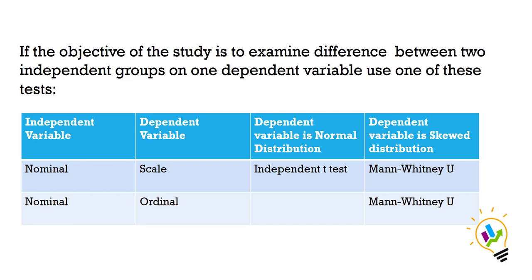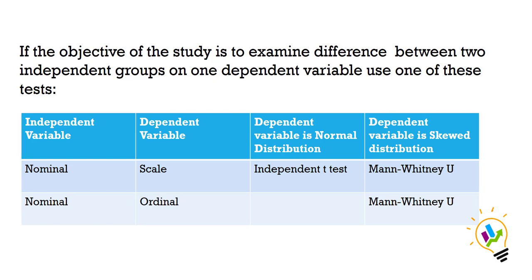Let us see another type of condition. If the independent variable is nominal, that is categorical, and it is having exactly 2 levels, and the dependent variable is ordinal, then we must use the Mann-Whitney U-test, because ordinal data will be used for non-parametric tests only. So that is why we must use the Mann-Whitney U-test only.